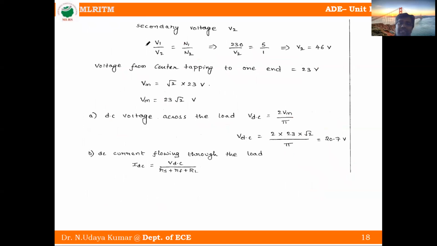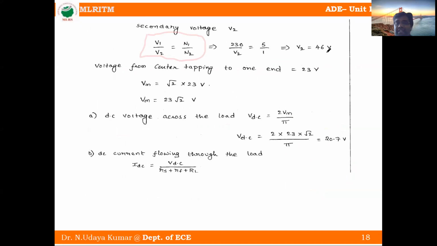This is the basic formula in a transformer you have to remember, the relationship between voltage and turns ratio: V1 by V2 is equal to N1 by N2. We know all the parameters except V2. Calculating V2, we will get 46 volts.